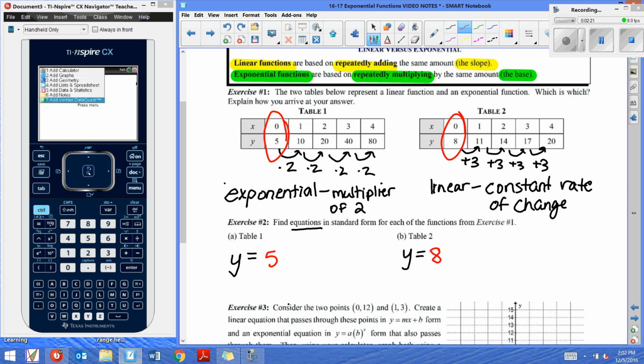And what am I doing with my starting value in table 1? Well, I'm multiplying by 2 over and over and over again. So we will use a power to show this repeated multiplication. Where in table number 2, we start with 8 and we add 3 over and over and over again, and we show repeated addition with multiplication.